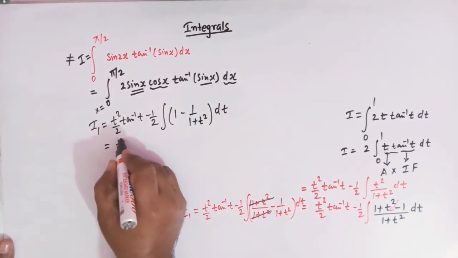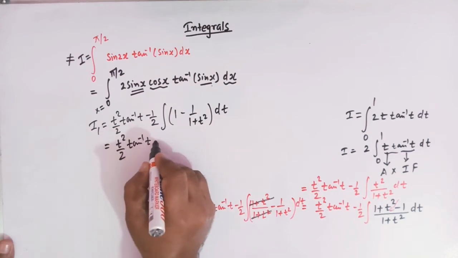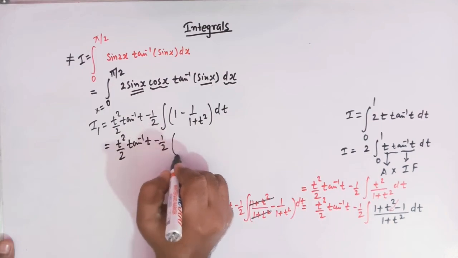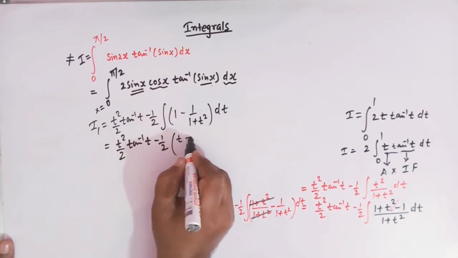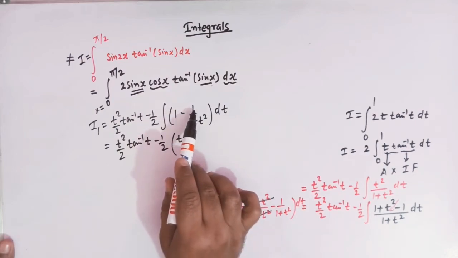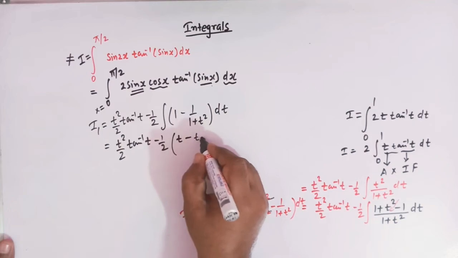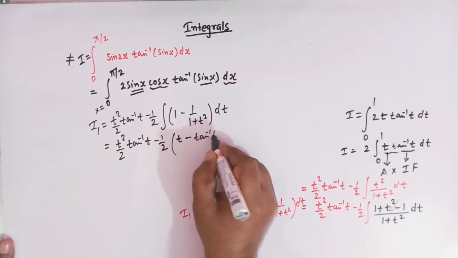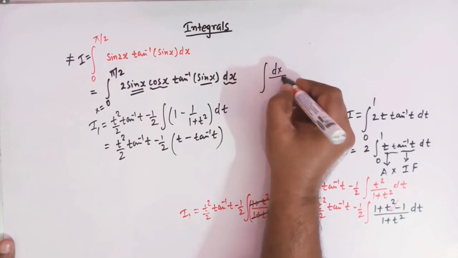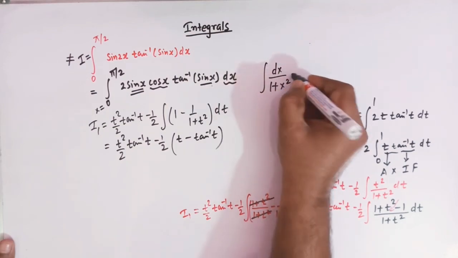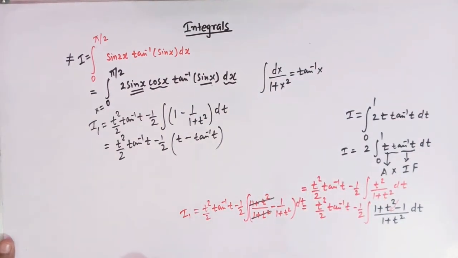So now the integral of 1 dt is simply t, and the integral of 1 over 1 plus t square is simply tan inverse t, because the integral of 1 over 1 plus x square is equal to tan inverse x.